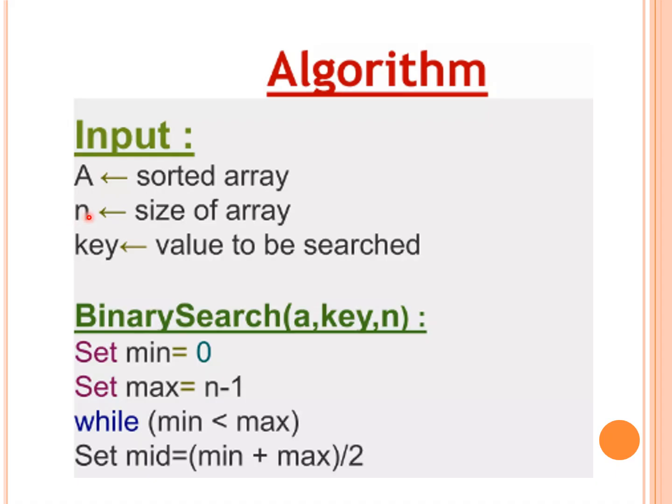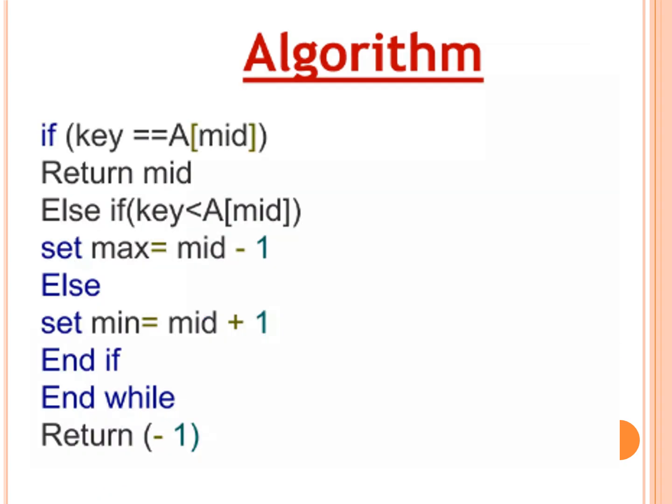This is the input: A is a sorted array, n is the size of the array, and key is the value to be searched. I set my minimum value as 0 and maximum value as n minus 1, since in an array the maximum index is n minus 1. While min is less than or equal to max, I set my mid value as (min plus max) divided by 2.